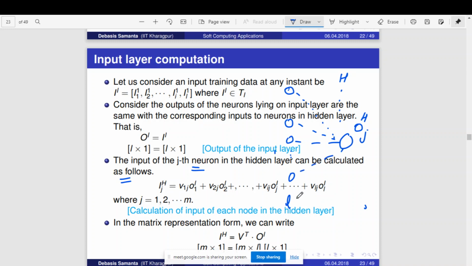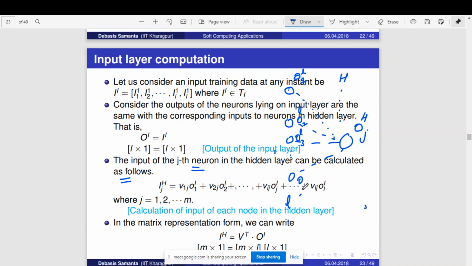Let us assume the output of the first neuron of the input layer as O_1^L, the output of the second neuron as O_2^L, the output of the third neuron as O_3^L, and so on. The output of the last neuron is O_L^L.